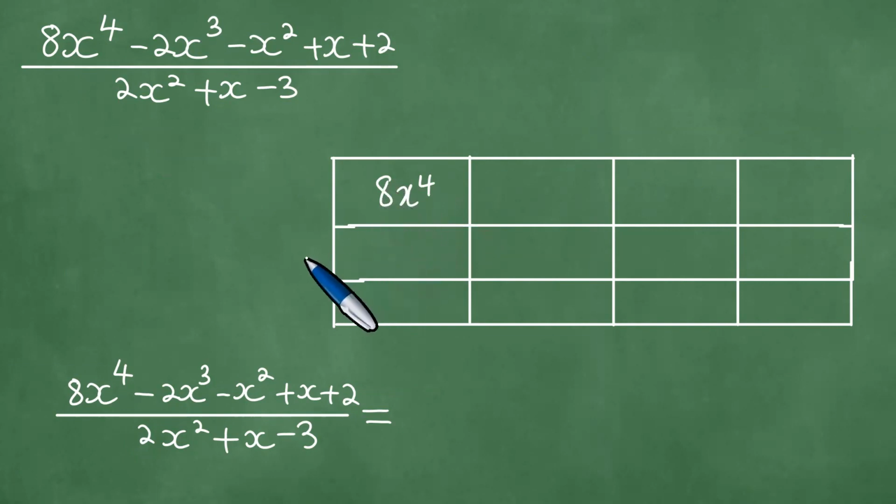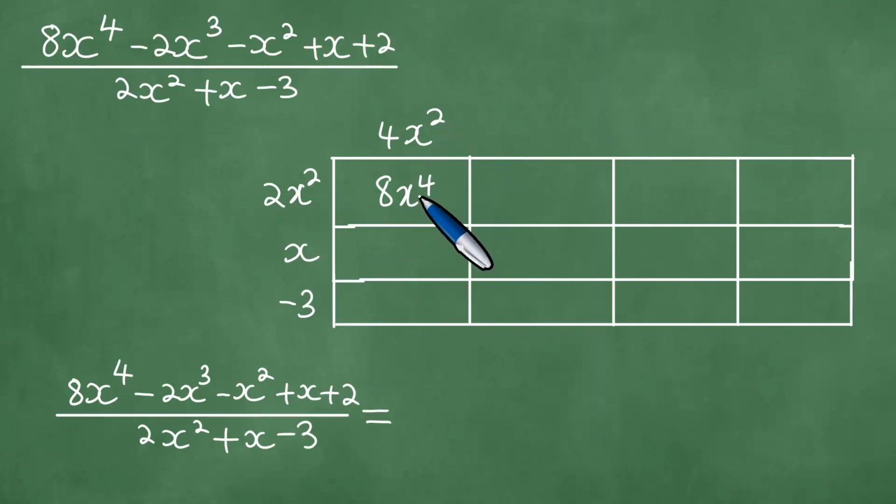Okay, next, we consider the divisor. What is the divisor? So we write here 2x squared. Next, x. Next, minus 3. If we have the 8x to the fourth power divided by 2x squared, we get exactly 4x squared.